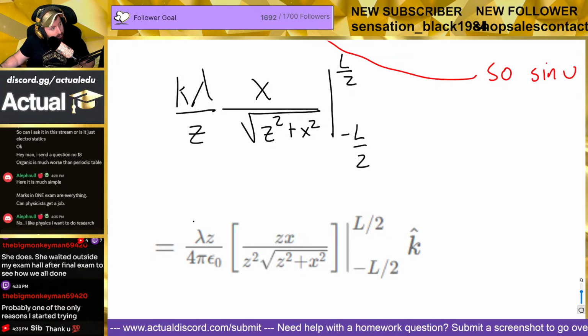Okay, let's see where they messed up here. One over four pi epsilon naught, lambda L. Wait, what is going on here? Okay, there is no extra z out here. That's what they screwed up. Actually, let me take the z out of the front. Let me take it out of here.